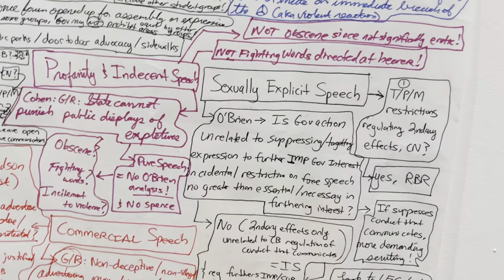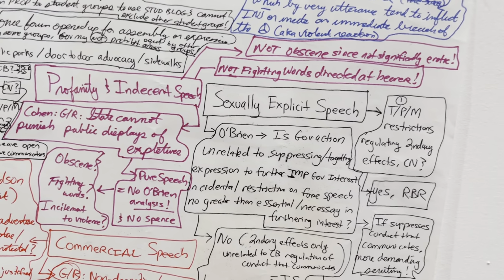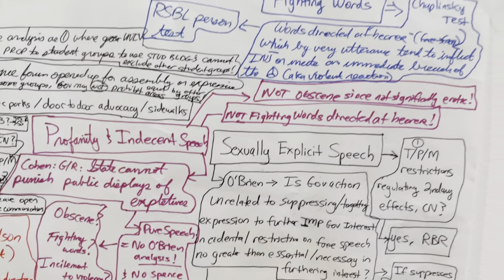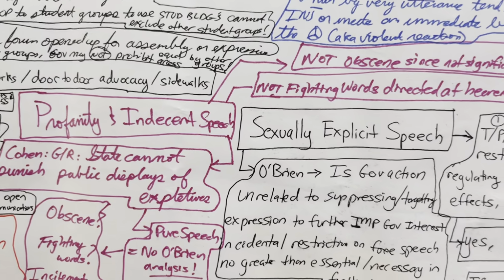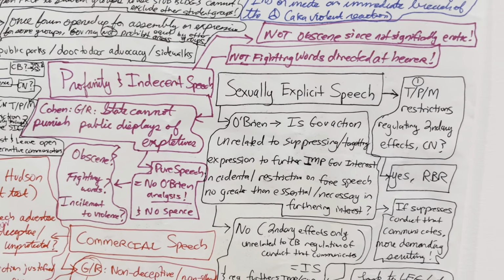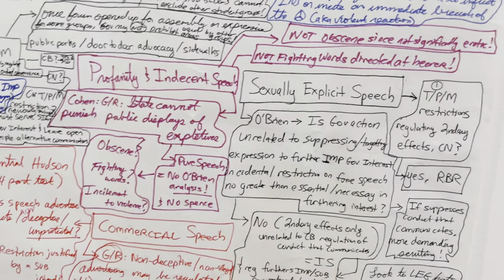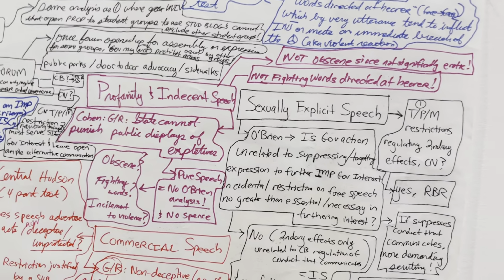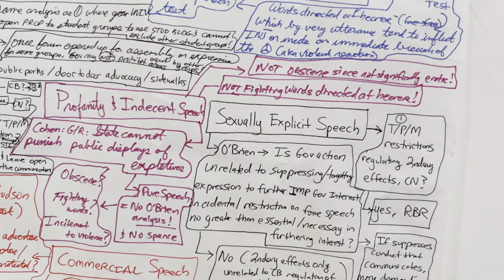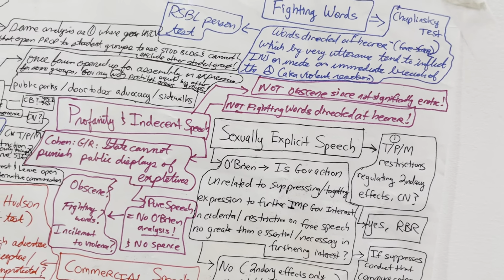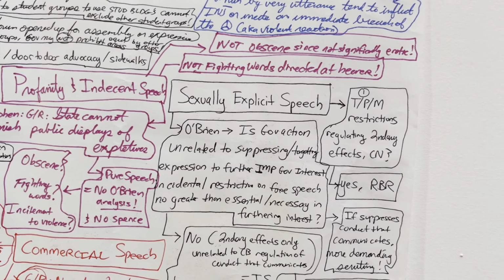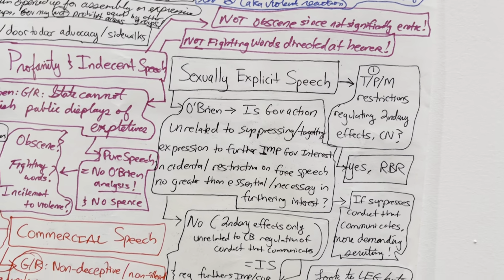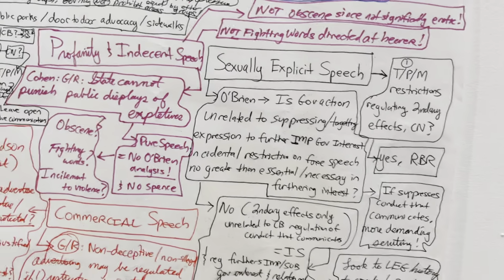Under the O'Brien test, we ask if the government action is unrelated to suppressing or targeting expression to further an important government interest, or if there's some sort of incidental restriction on free speech no greater than essential, necessary in furthering the interest. Also relates to what we talked about in narrow tailoring. If that suppresses the conduct that communicates, there's more demanding scrutiny, kind of like intermediate scrutiny.